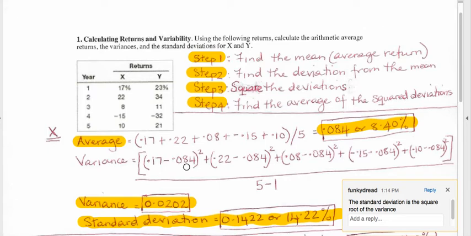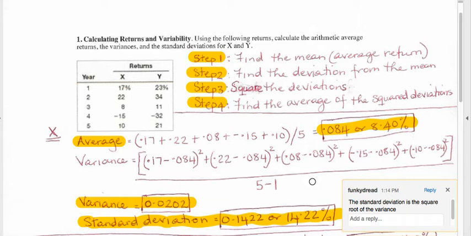So you find the deviation, you square it, plus you do the same thing for the second return, same thing for the third return, same thing for the fourth return of negative 0.15, and finally 0.10 minus the mean of 0.084 squared divided by n minus 1.